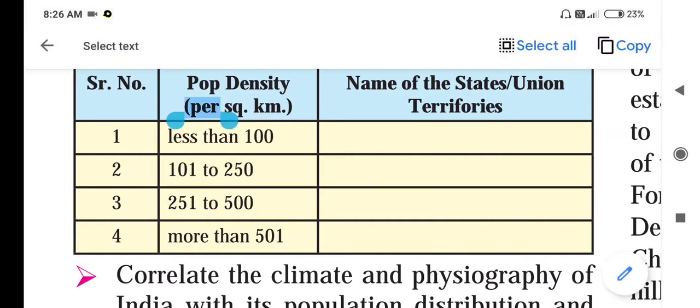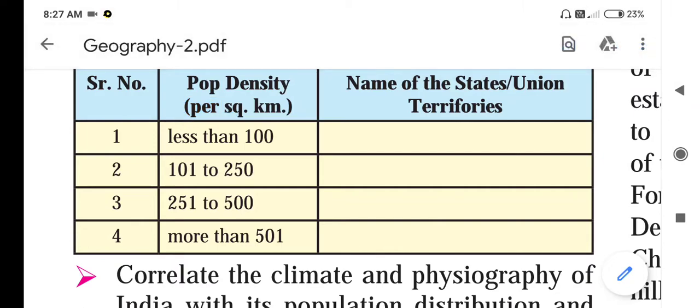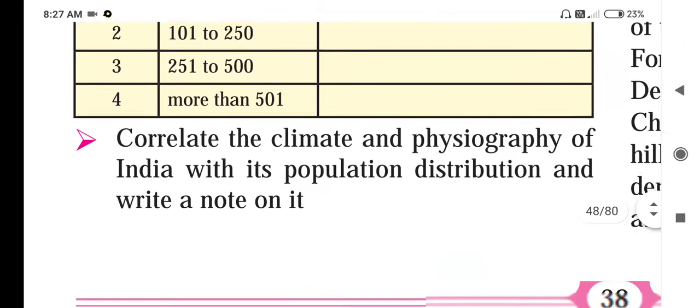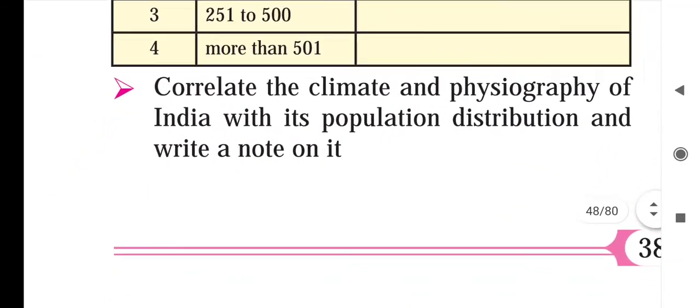Name the states or union territories where population is less than 100 people per square kilometer. 101 to 250, 251 to 500 and more than 501. That is available in the map. Just complete the table.